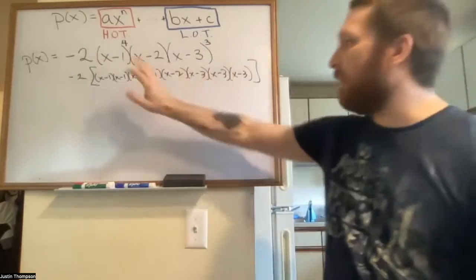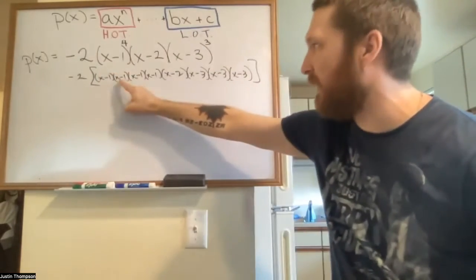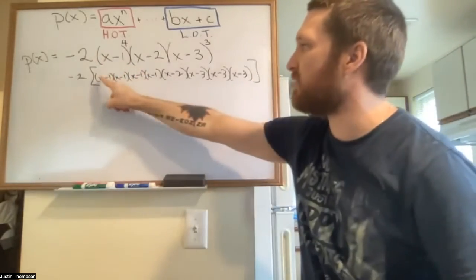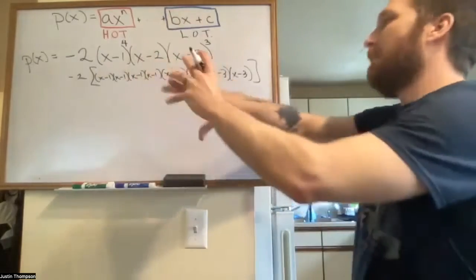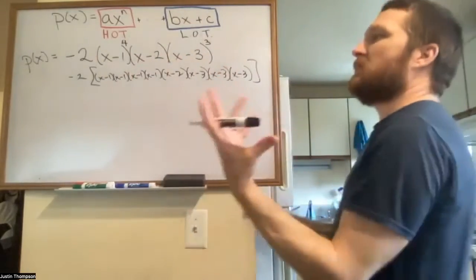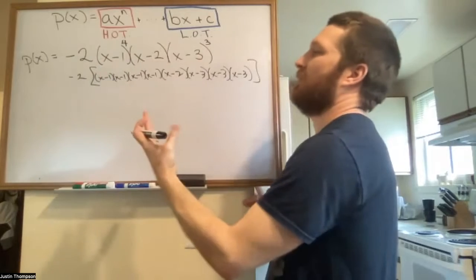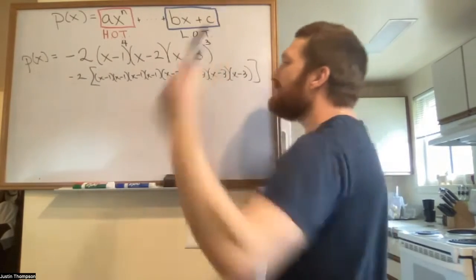And we could go, okay, when I do my first, I'll have x squared and then a bunch of inner, outer, last stuff. Or I could just say, well, hold up, how many x's do I have? That's what the highest order term is going to be. I'll have 1, 2, 3, 4, 5, 6, 7, 8 of them.